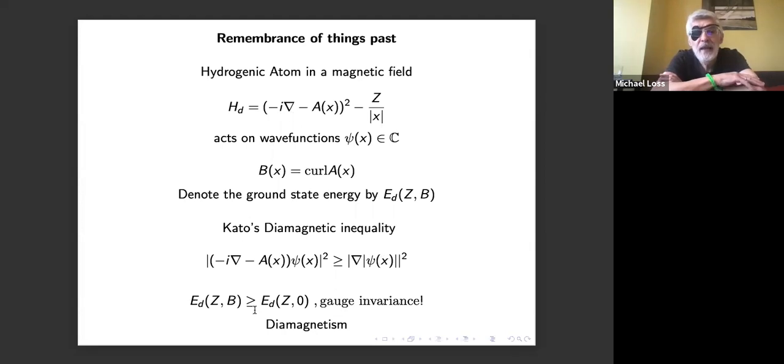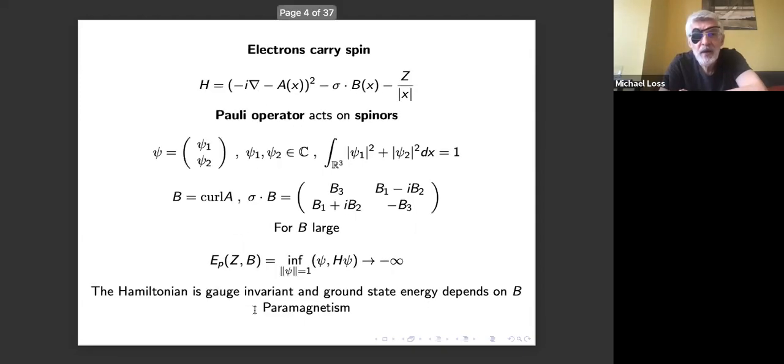Now, of course, when you have a magnetic field, you have to think that electrons carry spin, and then the story changes quite a bit in the sense that you pick up an additional term minus sigma dot B, an interaction of the magnetic field with the spin. Here's the notation.